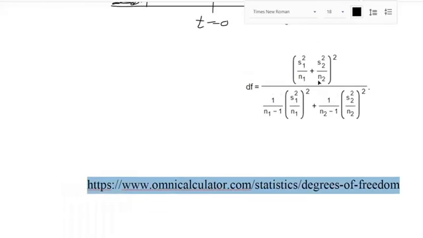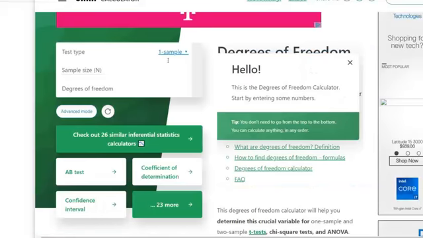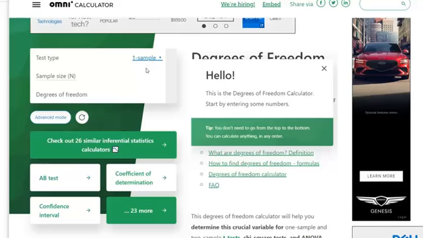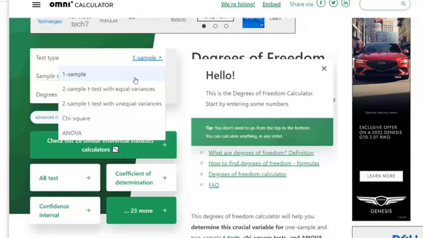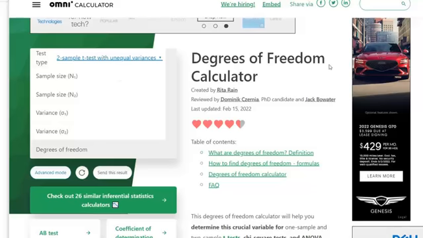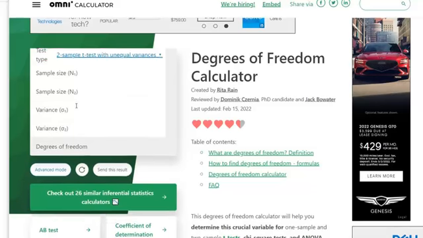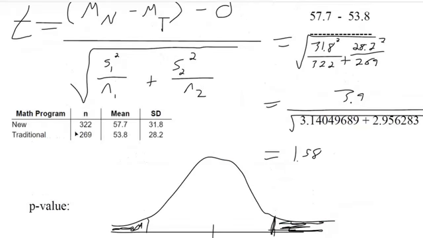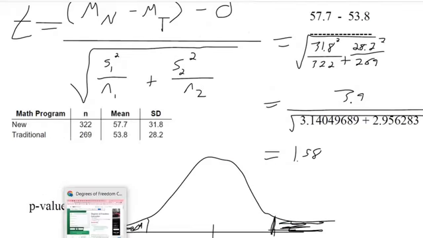I found one, so if you want to pause this video and type this in, it looks like this calculator is going to give us the degrees of freedom without us having to use this formula by hand. If you go to that website, it should look something like this. And we want two sample with unequal variances, like we said at the beginning. And then they just want you to punch in your summary statistics, but notice they're looking for variance here too. So my sample sizes are 322 and 269.